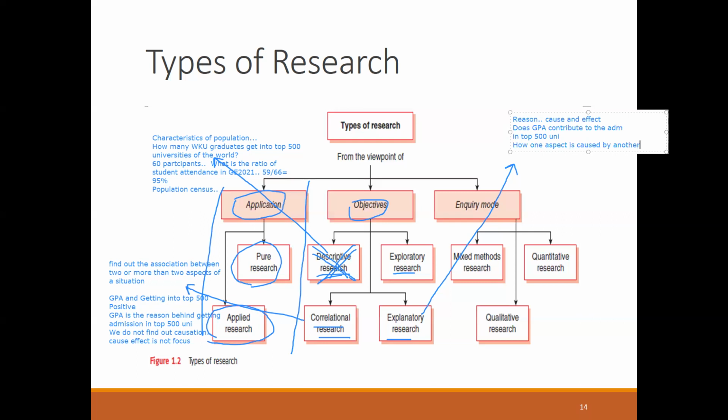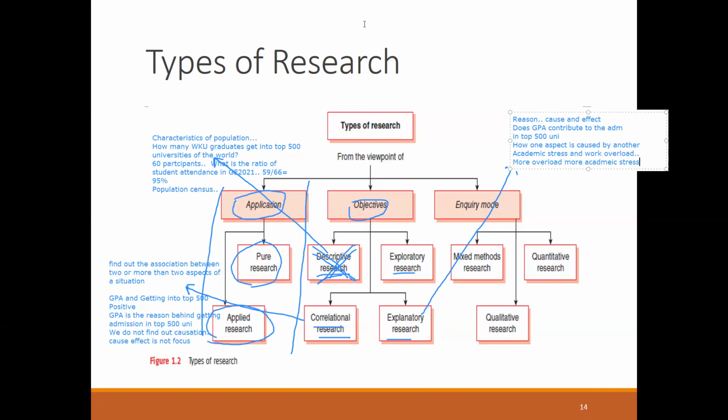Other examples: what about the relationship between academic stress and work overload? We expect that more work overload will cause more academic stress. So this is explanatory research. We are trying to establish a cause and effect relationship between two aspects of the situation.